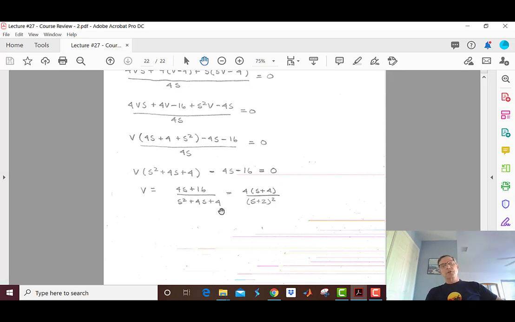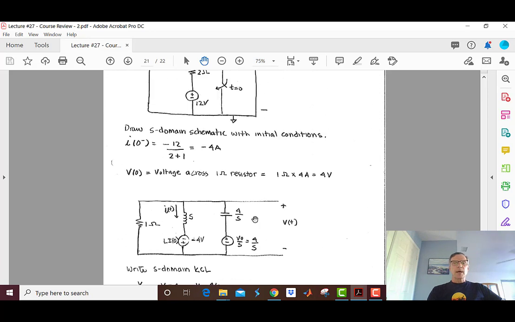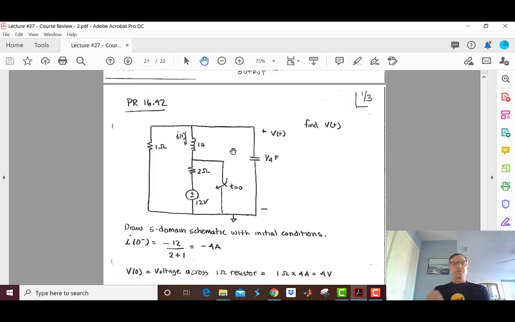Okay, so you were asked to get the final value at t equals infinity, and you can use the final value theorem. There's another way to do it. Let's go back up here. What's the value of v0 at time equals infinity? Let's see. We are going to close this switch.